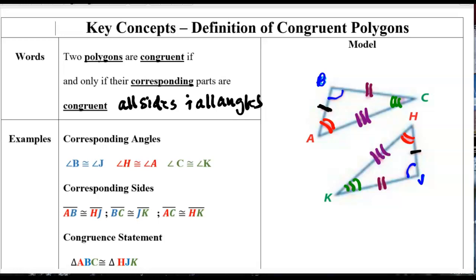So a congruence statement is what you say when you have proven that each side and each angle are congruent.